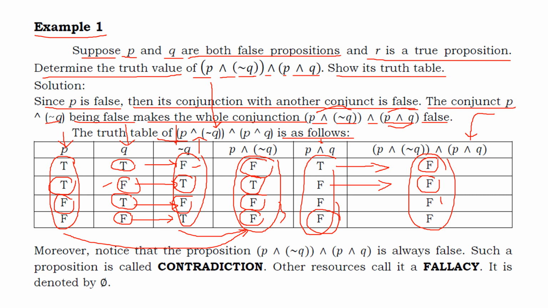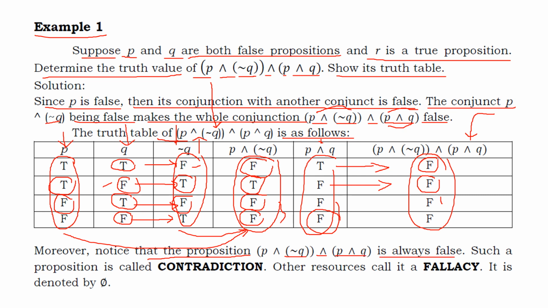If you're asked to find the truth value of this P conjunction negation Q conjunction P conjunction Q, then the truth values for your last column are all false. Moreover, notice that the proposition P conjunction negation Q conjunction P conjunction Q is always false.